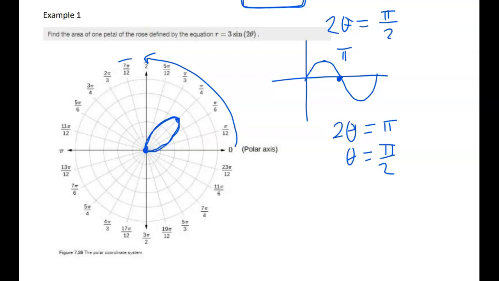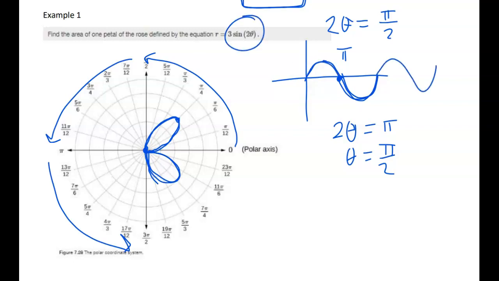Then between pi over 2 and pi, my radius is going to be negative, so I end up getting this petal. Because this is sine of 2 theta, these radii are actually going to end up being positive because I'm on this piece.